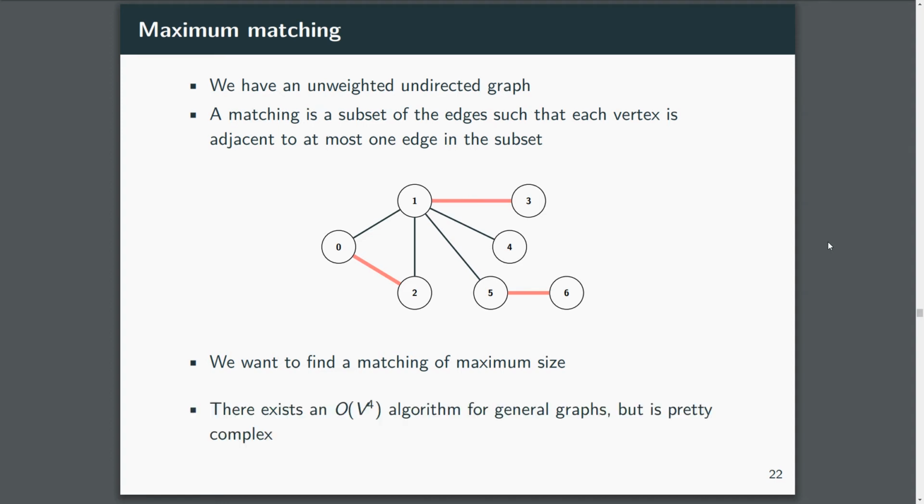Now, this is actually not an NP-hard problem. So there exists an O of v to the power of 4 algorithm for general graphs. It is pretty complex. It's known as the Blossom algorithm.